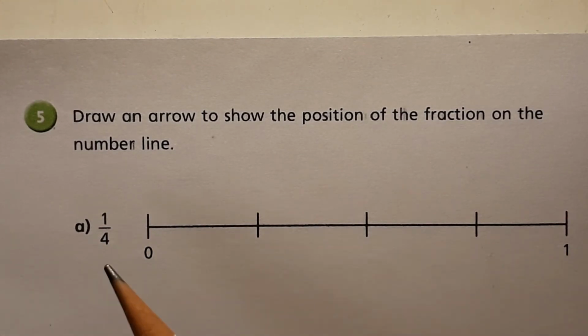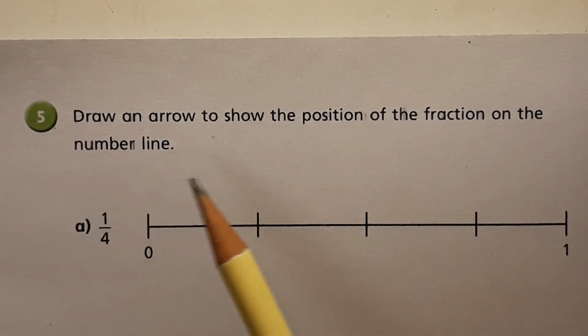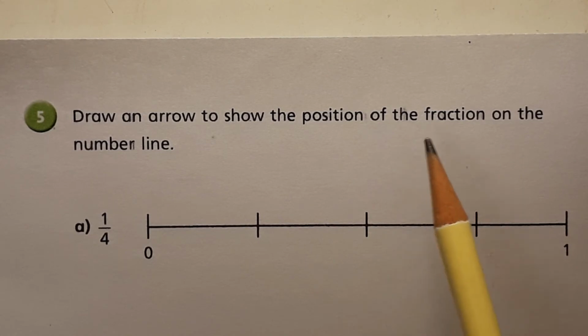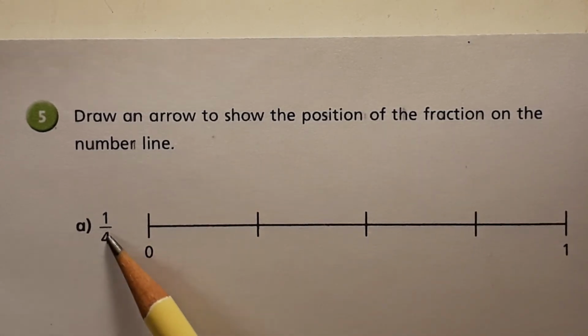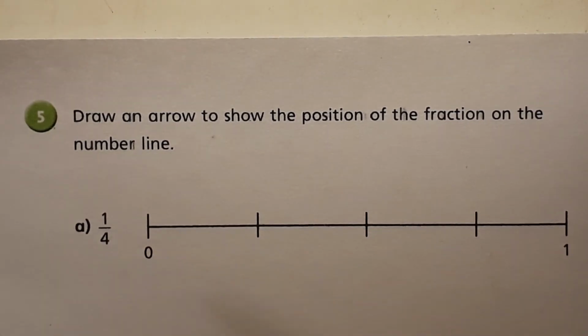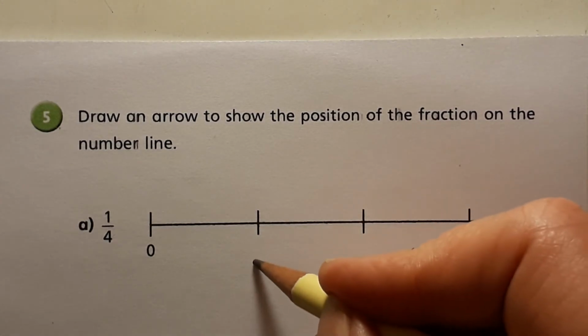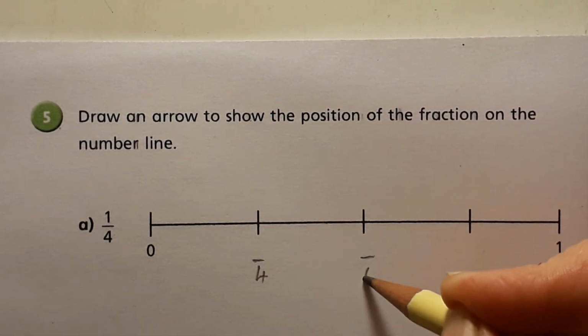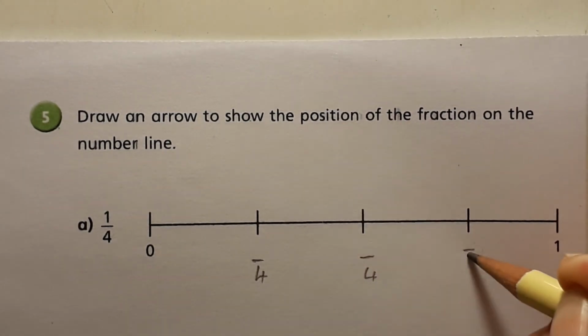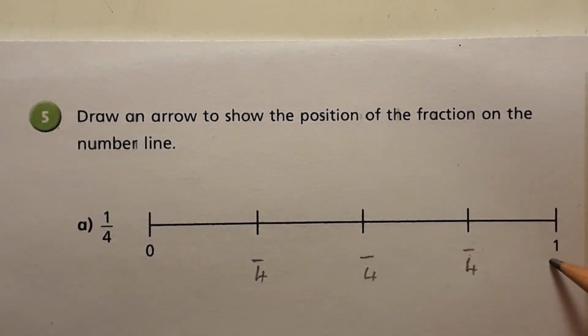And here question number 5 says, draw an arrow to show the position of the fraction on the number line. So here we have 1/4, and we can see our number line is divided into 1, 2, 3, 4 equal parts. So we could think of that as being a part of a quarter.